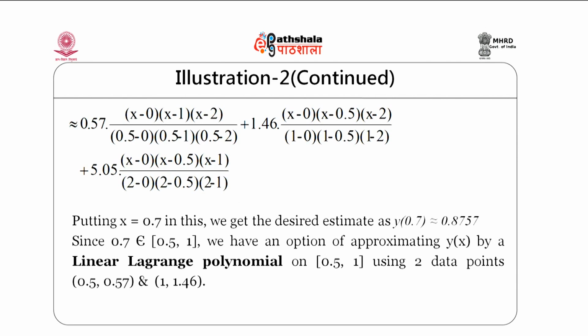If we write now these values of L 3 j's, then we will get the expression like this. So, the first term is 0 because the coefficient is 0. So, we start with the second term. So, 0.57 into L 3 1, we are now writing. So, we will get here x minus 0 into x minus 1 into x minus 2.